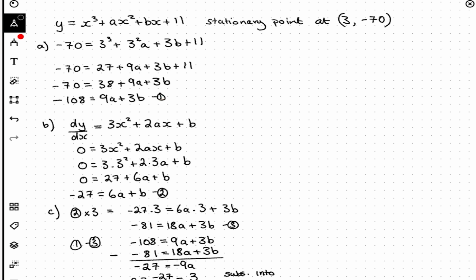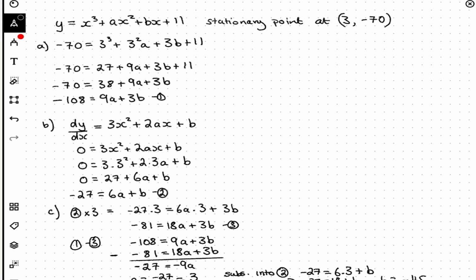The simplest one to me looks like equation 2, so I'm going to substitute into equation 2, and I'm going to get minus 27 equals 6 times 3 plus b, and that would then imply that minus 27 equals 18 plus b, so b will equal minus 27 minus 18, which is minus 45.